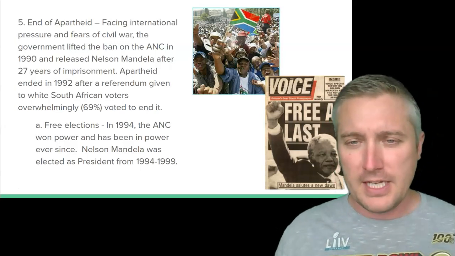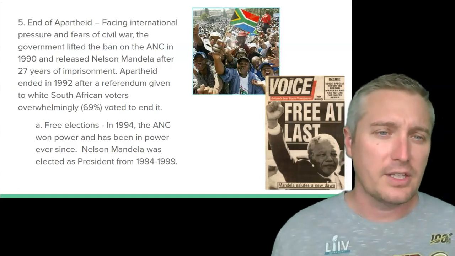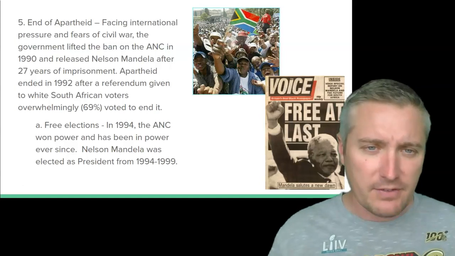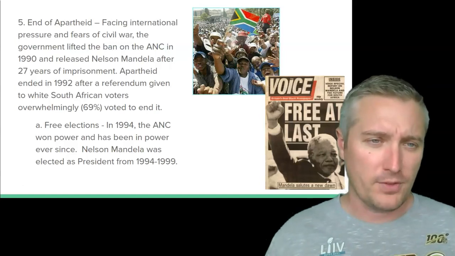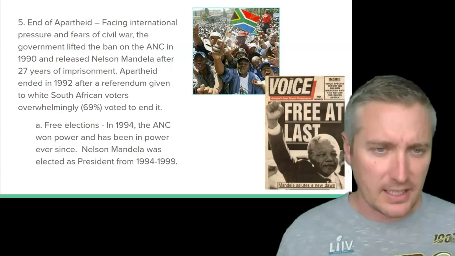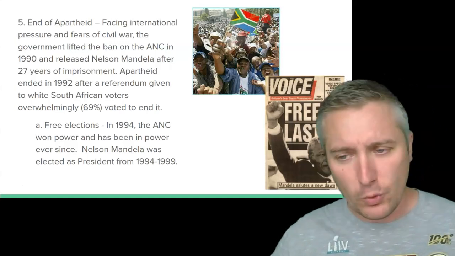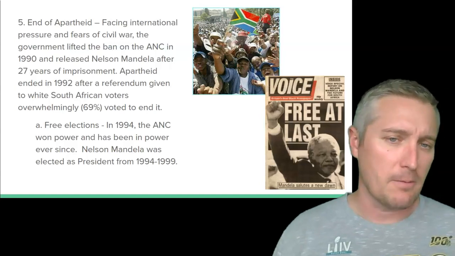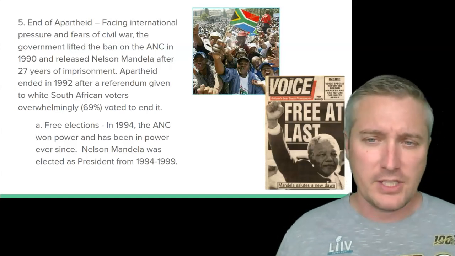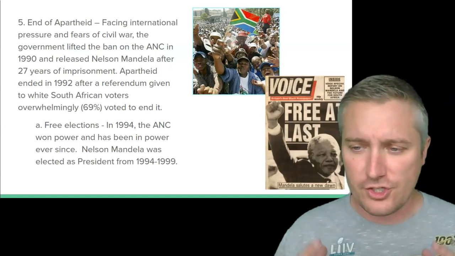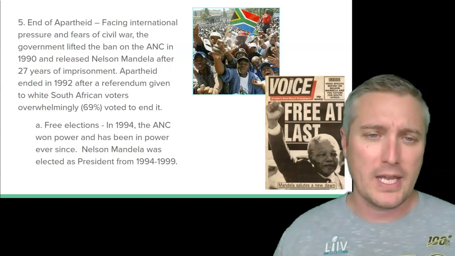Now, with the international pressure, the government does take some actions to try and alleviate that pressure. First of all, they will lift a ban on the ANC. They allow them to participate in politics, and eventually they will release Nelson Mandela. After 27 years, he is released, and he will immediately become kind of the center point of this push to end apartheid.